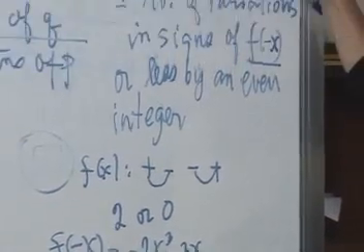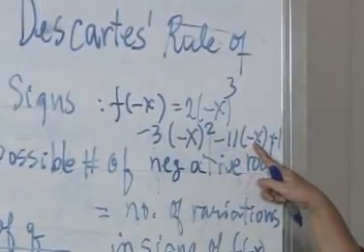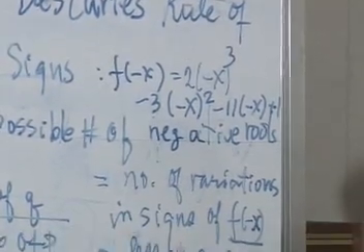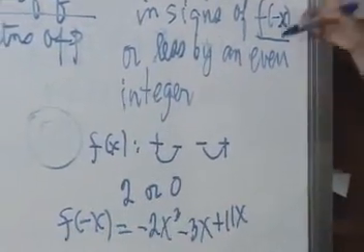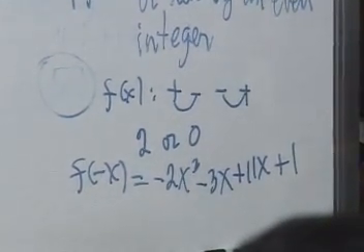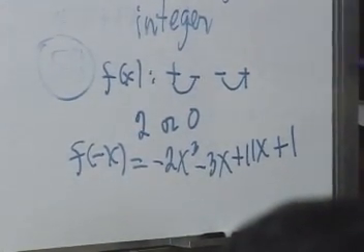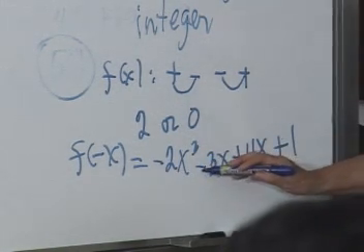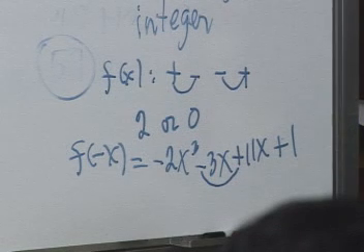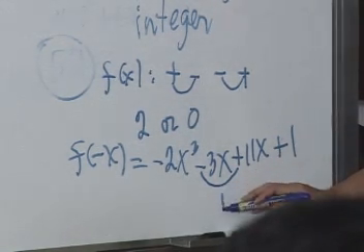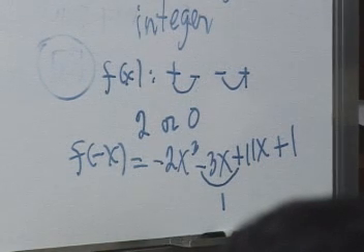This is minus because that is an odd power; minus times minus will give you plus 11x, plus 6. We are not really interested in the equation per se, but only in the signs. So, what are the variations? There is one. Therefore, your equation will have exactly one negative root.